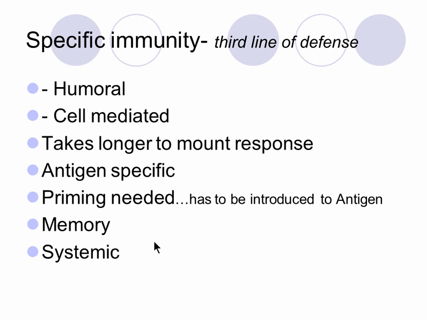In specific immunity, the first thing is that it is of two types. One is called humoral, where you have the production of antibodies. The second is called cell-mediated, where it is a cell-to-cell reaction.